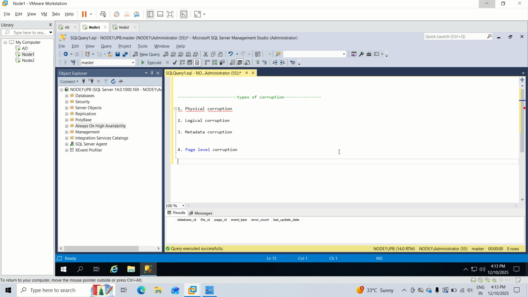Then the next type of corruption is file level corruption.